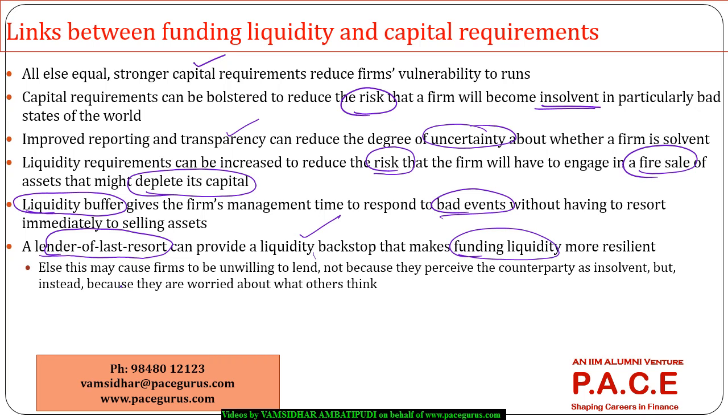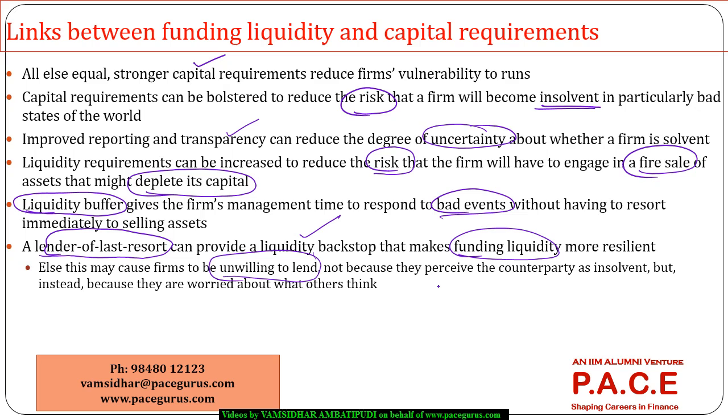If the central bank does not act as a lender of last resort, you see that all the banks and financial institutions go into an unwilling-to-lend kind of mode, because they keep on perceiving that the counterparty could be insolvent, and they want to protect themselves. They don't want to go insolvent because they are dealing with a specific counterparty.